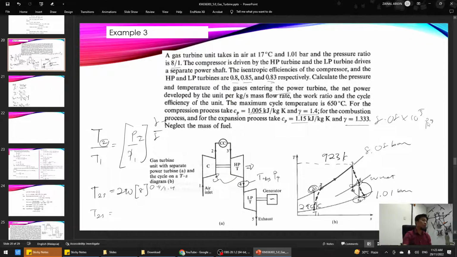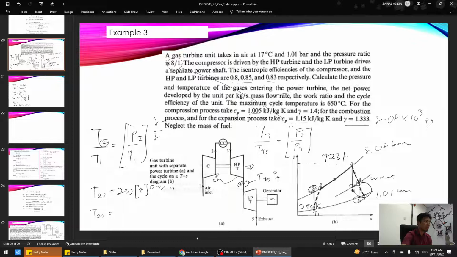Okay, which is actually pressure 1 is equal to pressure 5 and pressure 2 equal to pressure 3. Okay, pressure 1 tak equal to pressure 4. So you cannot use T3 divided by T4S equal to P3 over P4. Boleh tak you gunakan P3 over P4 ni equal to 8?